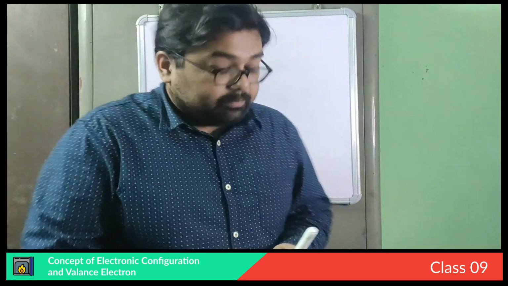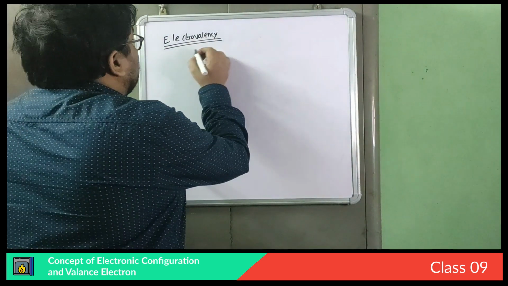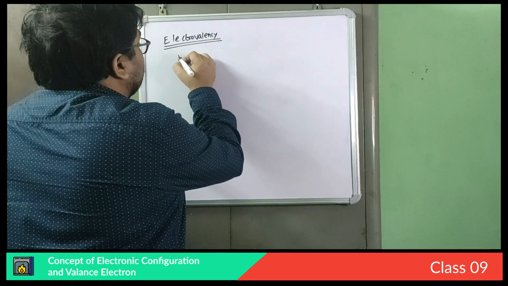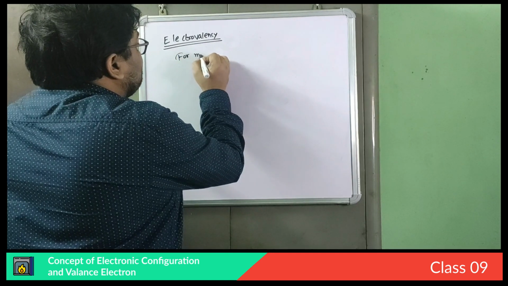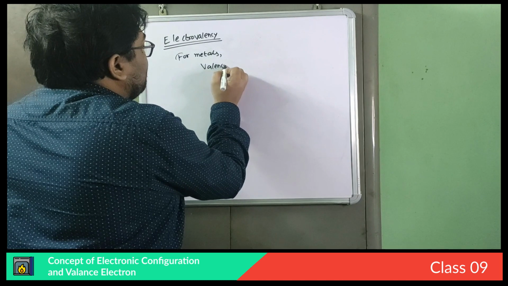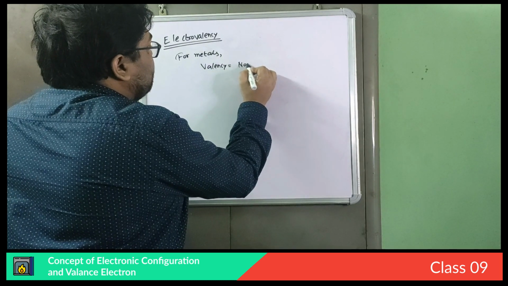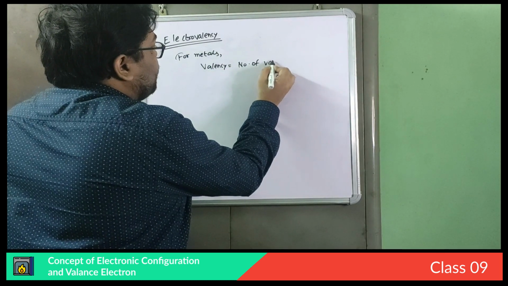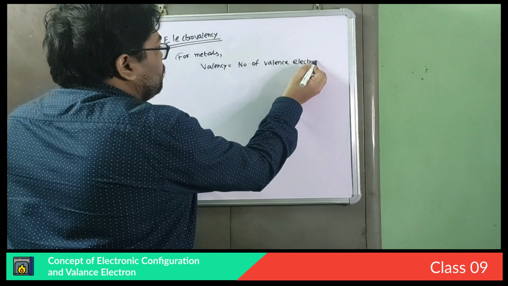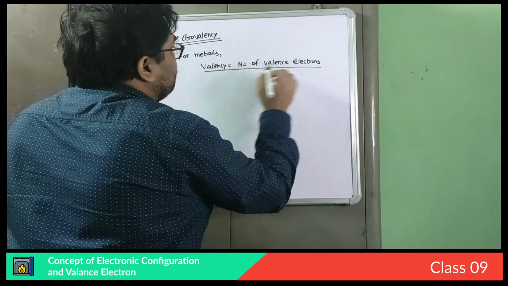Now, I am giving a relation between valency and the number of valence electrons. For metals, valency is equal to the number of valence electrons. Okay, this is the relation.